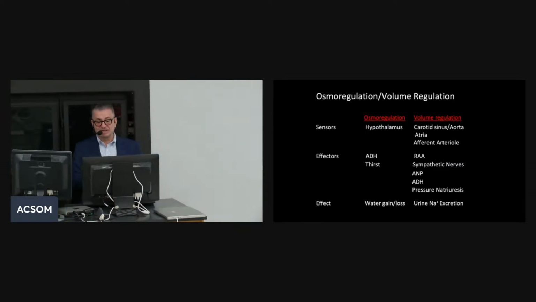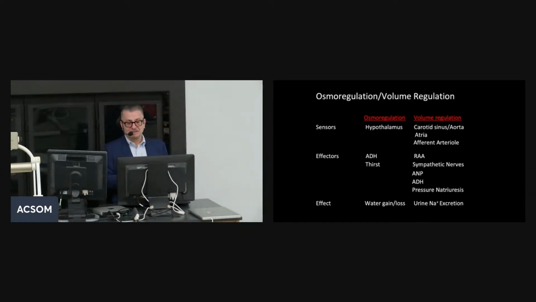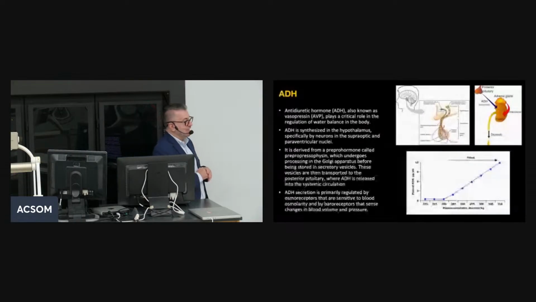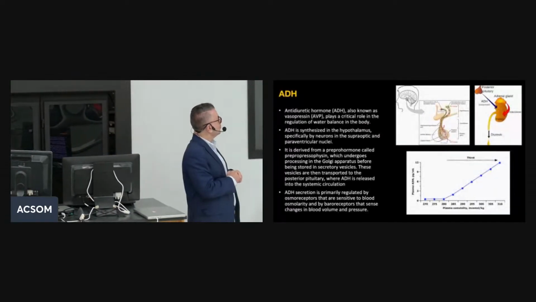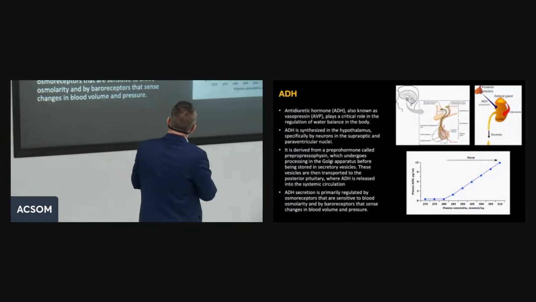And then there is volume regulation. There are other sensors, mainly the carotid sinus and atria. And there is a signaling pathway: sympathetic nerves and the renin-angiotensin system. It regulates water, but also sodium at the same time. Okay, let's start with ADH, also now known as AVP or ADH.